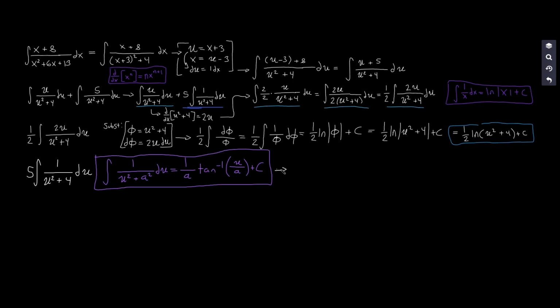And this is directly applicable to us because we have 5 times 1 over u squared plus 2 raised to the second power, integration with respect to u, and that equals, wait, no, that doesn't equal 1, that equals 5 over 2 because we're going to multiply back that 5.